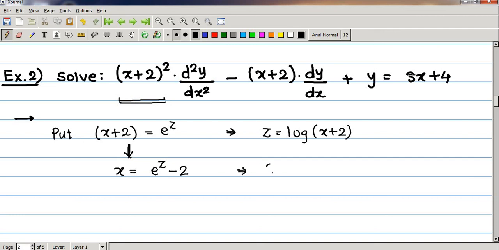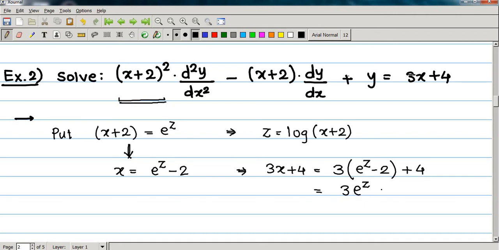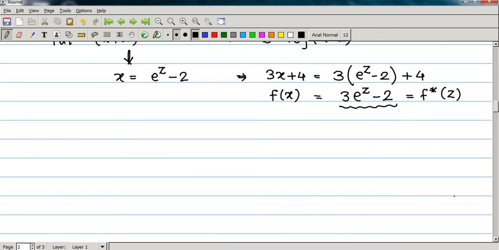This implies the value of 3x plus 4 is equal to 3 times e raised to z minus 2 plus 4, which is nothing but 3 times e raised to z minus 6 plus 4, which is minus 2. So this is your f of x in the given differential equation, and this is your function in terms of variable z.